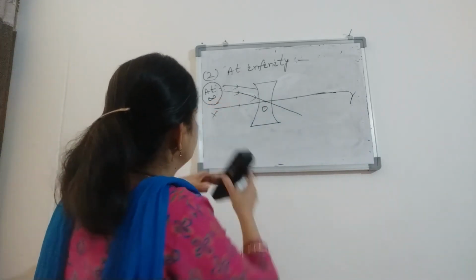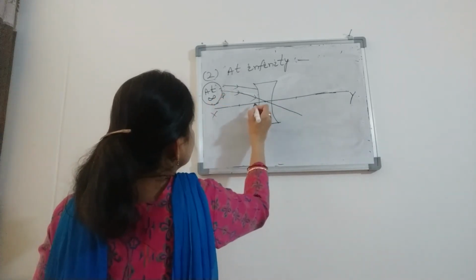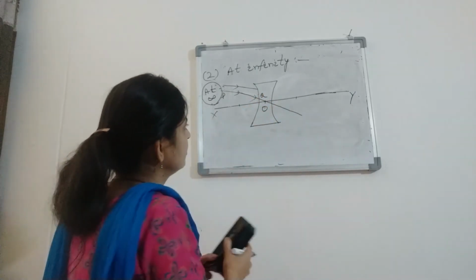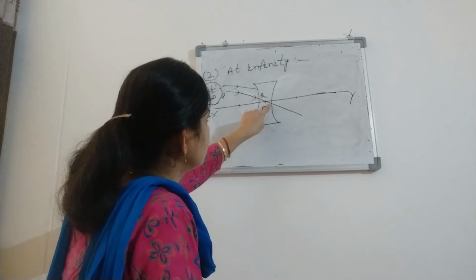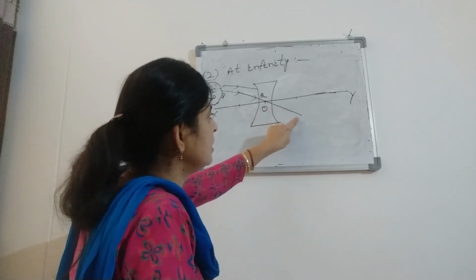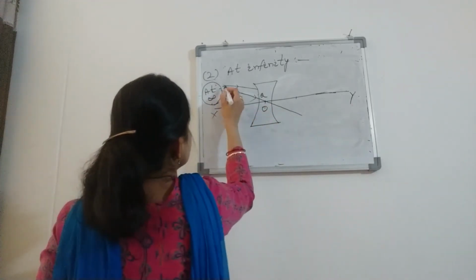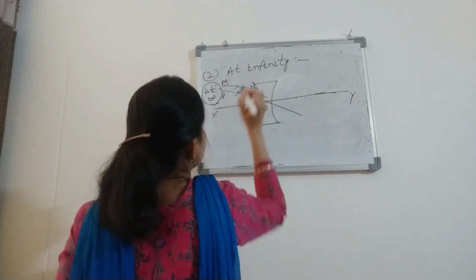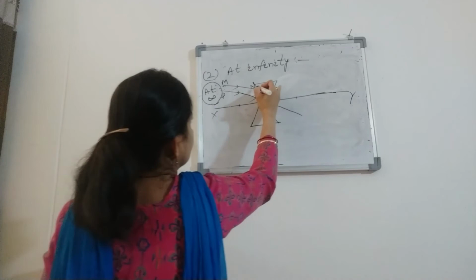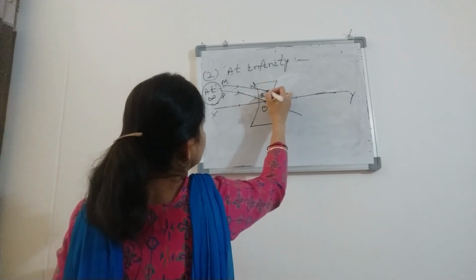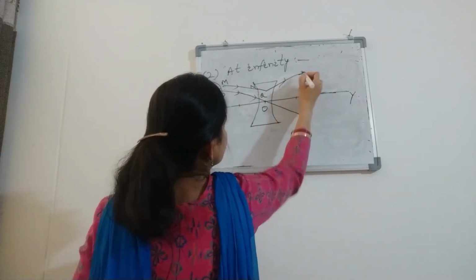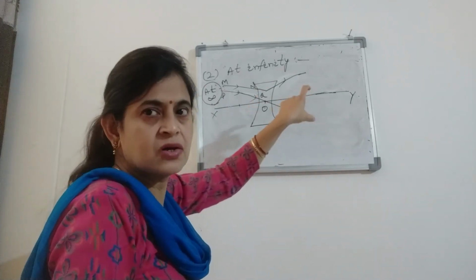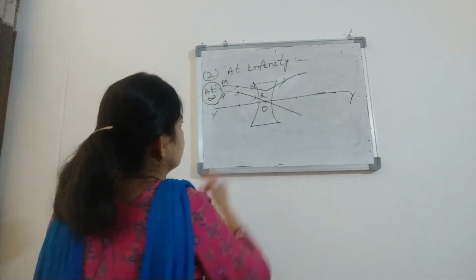Now PQ is the incident ray which is passing through the point O, meaning your optical center, and that will be undeviated. Another incident ray, suppose MN, will diverge because we are considering the concave lens or diverging lens.